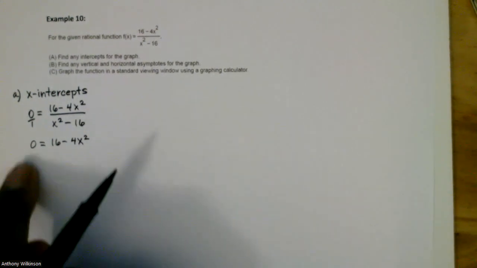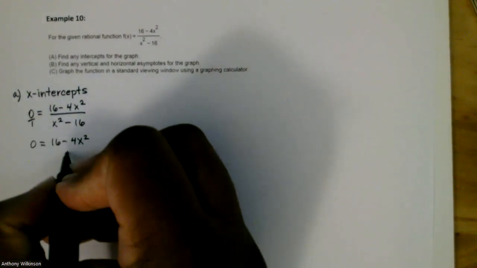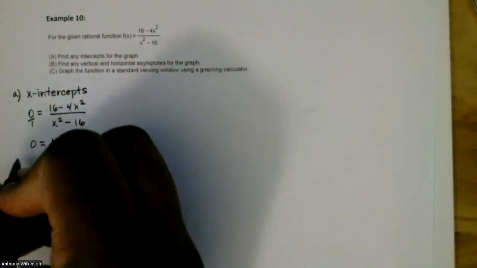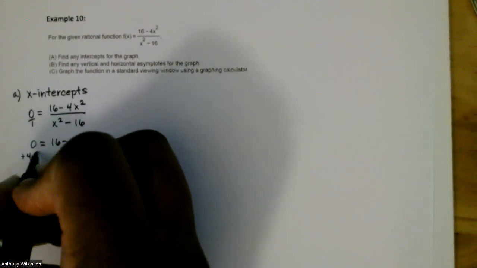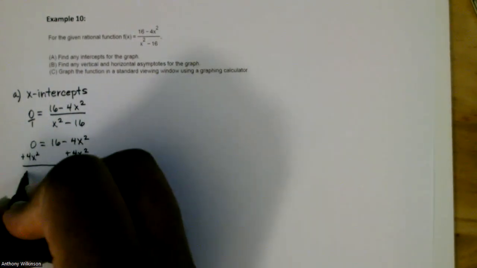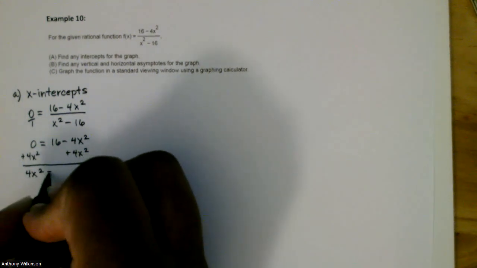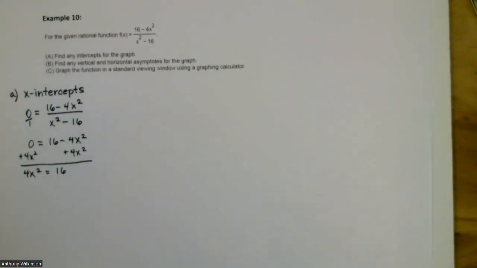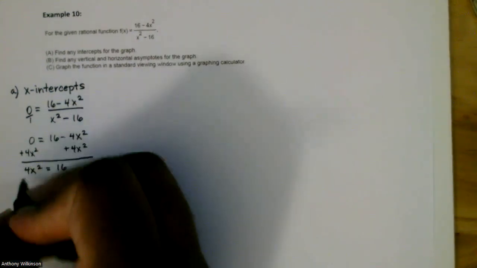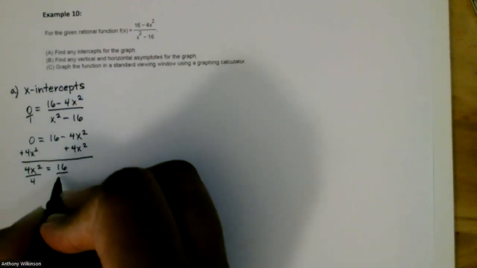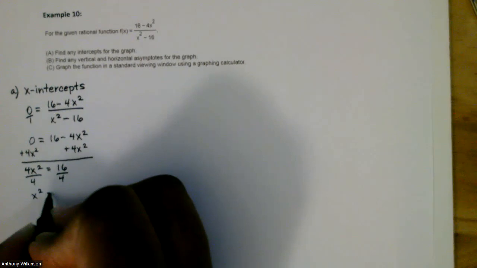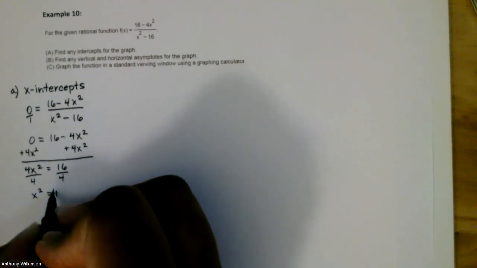Now I'm going to move the 4x squared over to where the 0 is. So I'm going to add 4x squared to both sides. So it'll be 4x squared is equal to 16. And then divide both sides by 4. You'll get x squared is equal to 4.